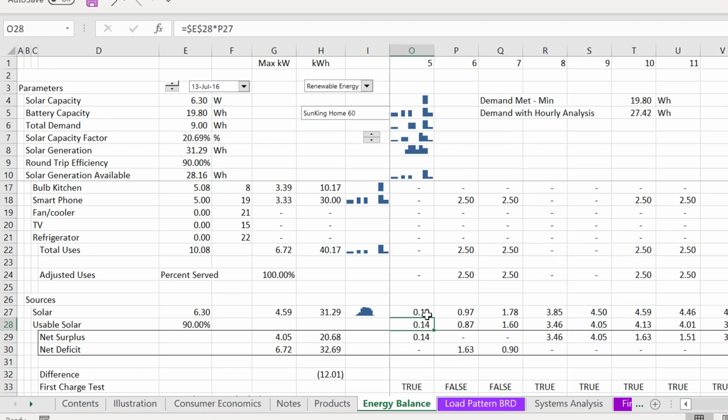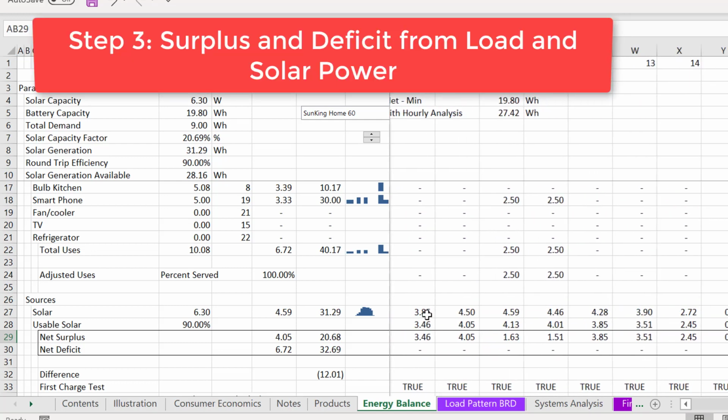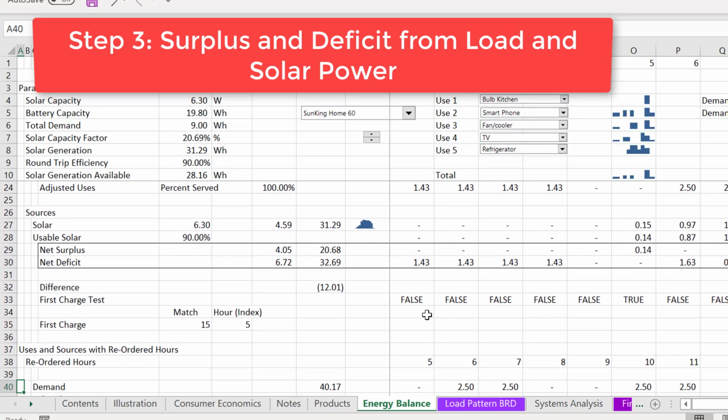If we're going to use our solar power to charge our battery, then we can figure out how much, I'm going to go through this slowly, by the way, how much surplus we have and how much deficit we have. And when do we really start charging our battery? And the reason to do that, I thought maybe I'm full of crap. I really did.